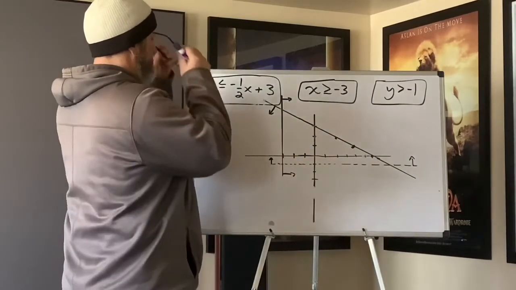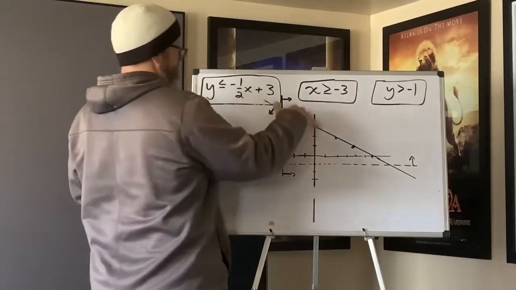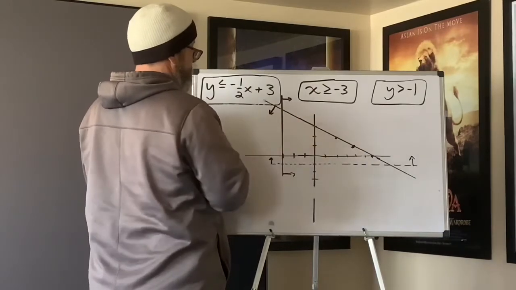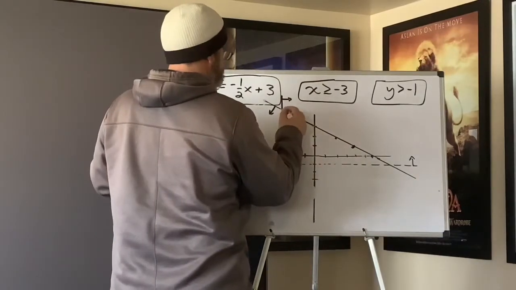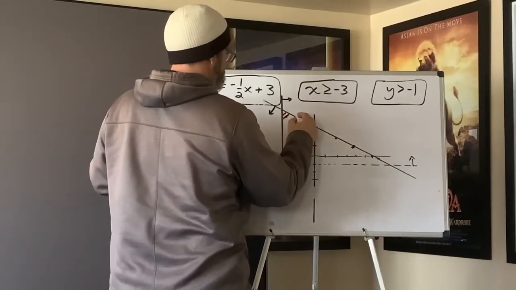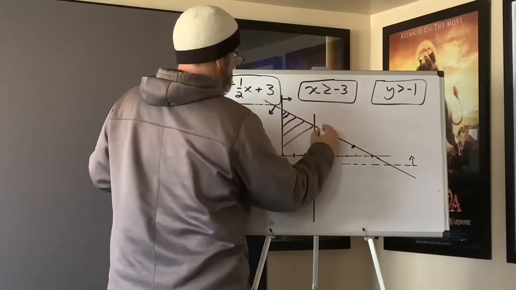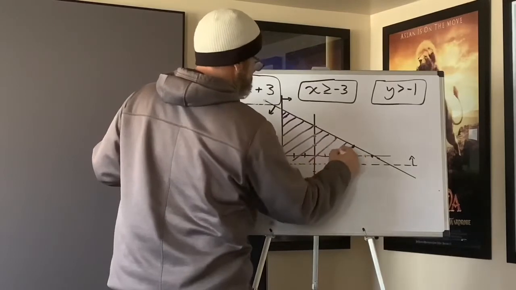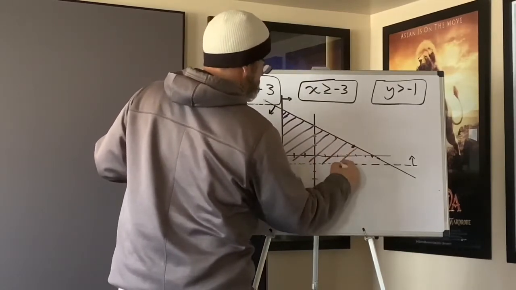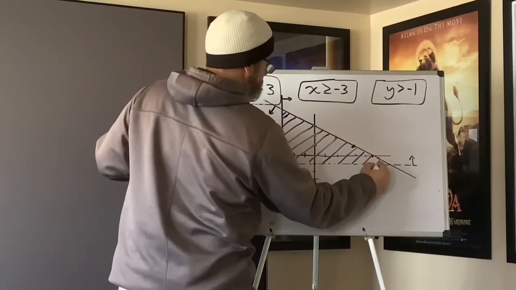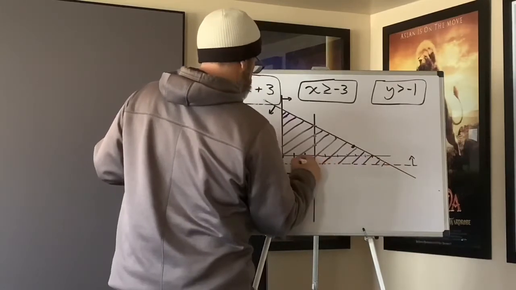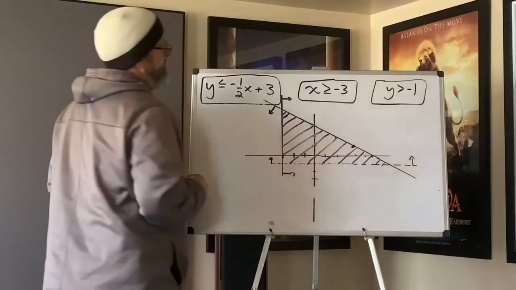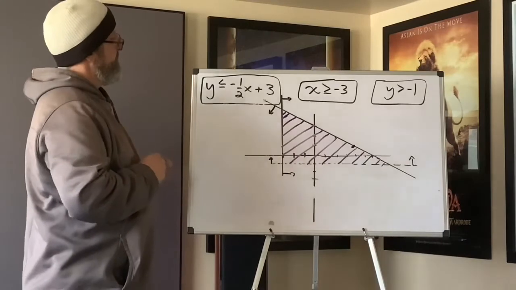Okay, so obviously, if we're below this line, that way and that way, the region that's going to satisfy every equation, the whole system of equations, is right there. So that's your shaded region.